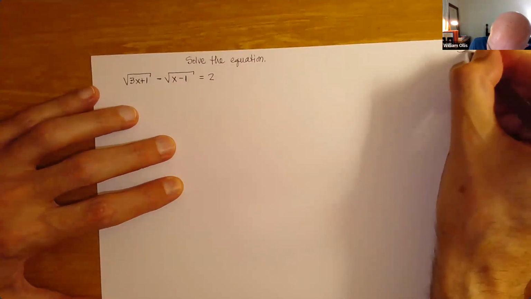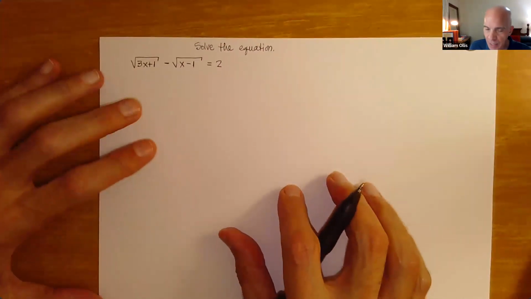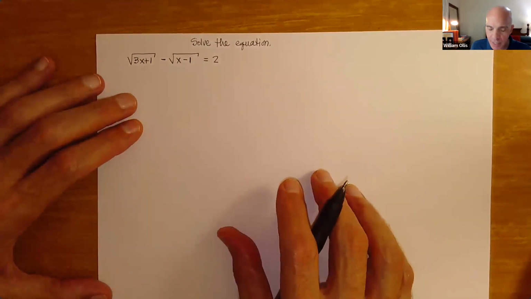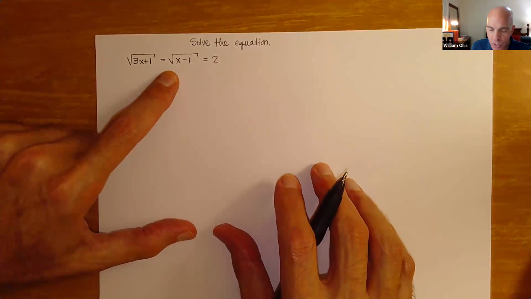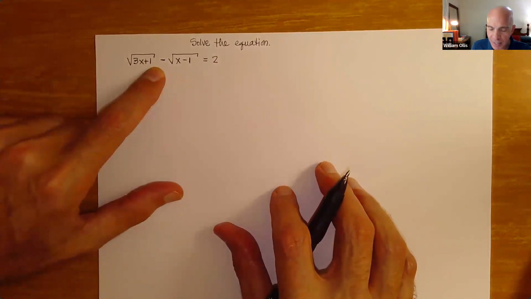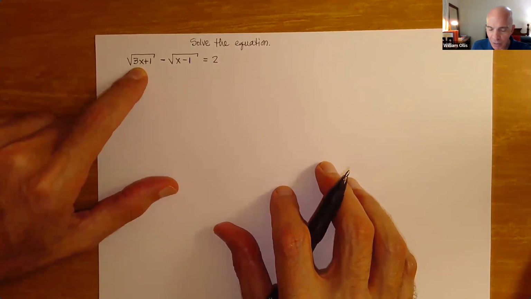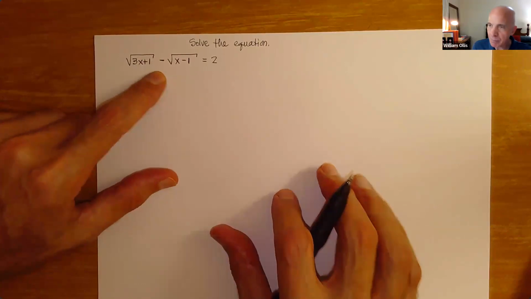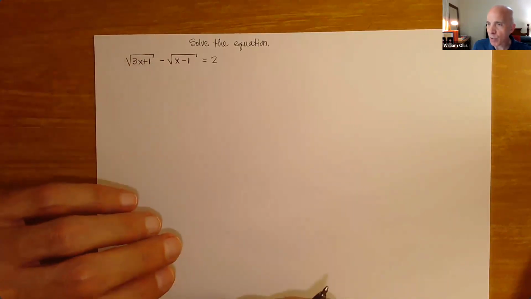So when we think about this, and this is completely up to you, there's no special way to do this. Since we have two radicals, you're thinking, well, we could square this side, eliminate that radical, and then on the middle term have the product of the two radicals.